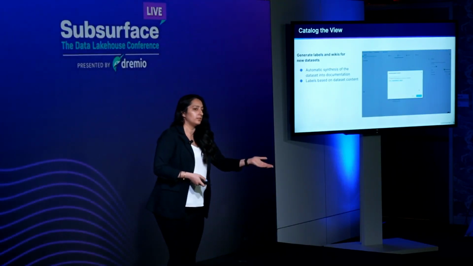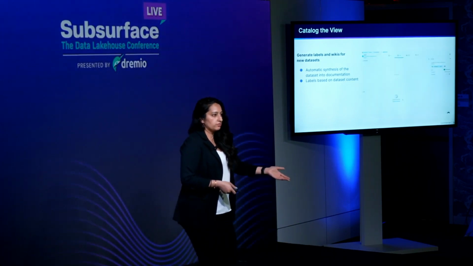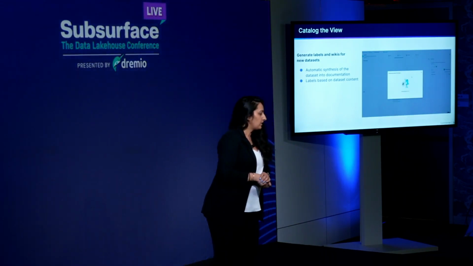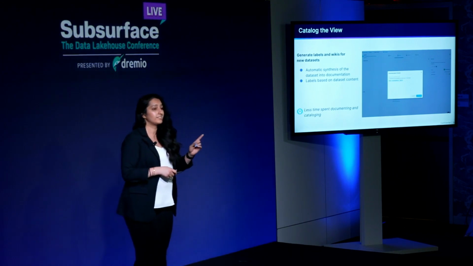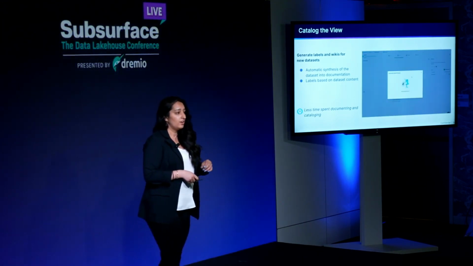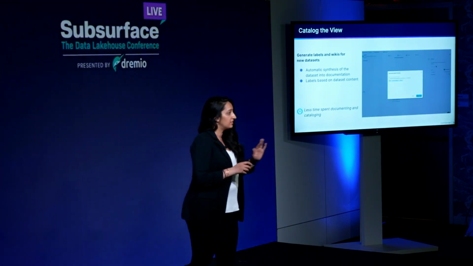So better than 4 analysts trying to communicate exactly the same thing, with some of them putting underscores in their labels, some of them using camel casing, and at the end of the day, you've got to normalize all of that. You don't have to do that anymore. The generation of labels takes care of that for you. So less time documenting and cataloging. All you've got to do is click a couple buttons and it's done for you.